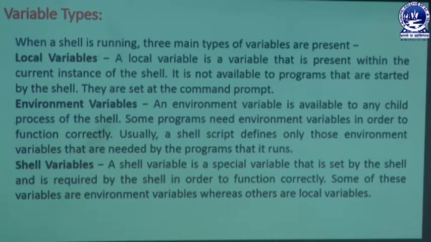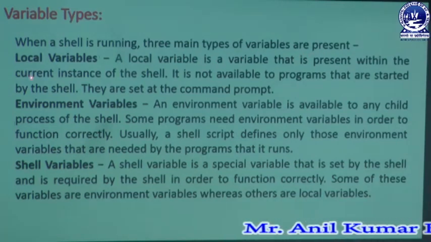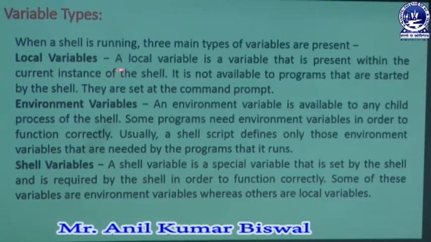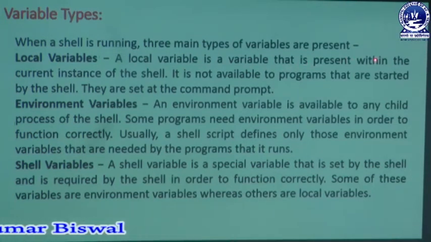When a shell is running, we may have three types of variables present here. The local variables, because you know that in C, C++, Java we also have different types of scopes, like local scope, global scope, instance scope, and other types of scopes we may have in our Unix operating system. So here, when a shell is running in Unix operating system, we only have three main types of variables. The first is the local variable, which is a variable present within the current instance of the shell.